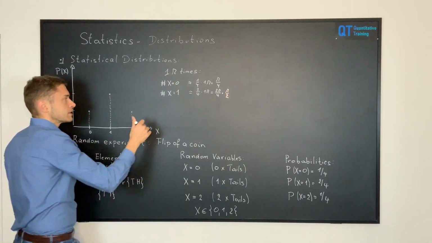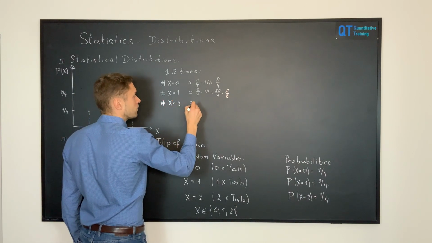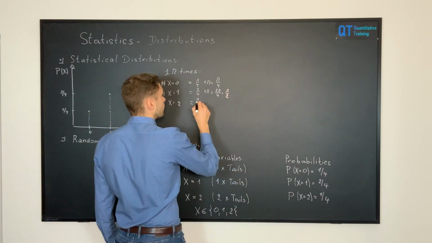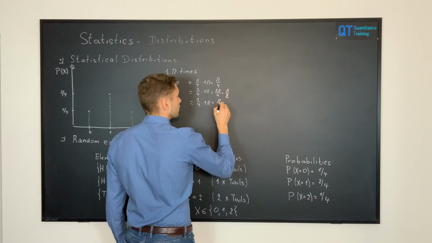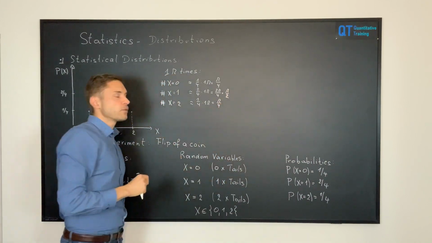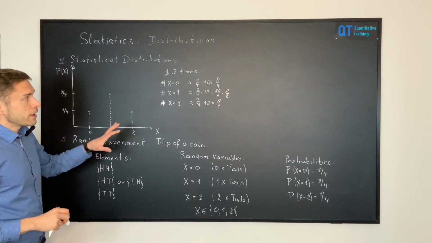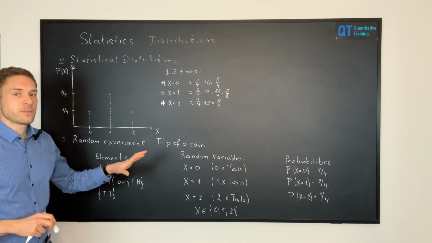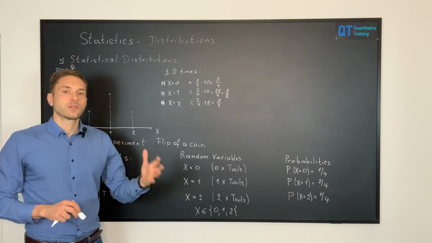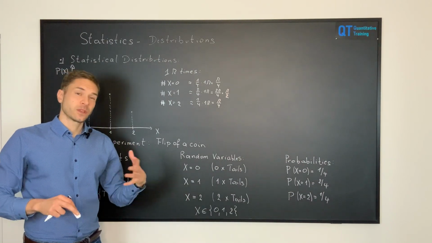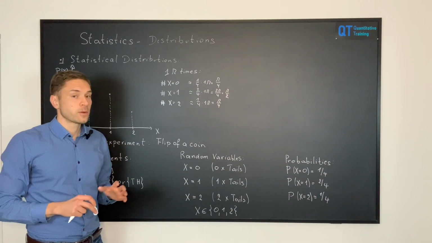And the last example is random variable x equals 2, and here again the probability is 1/4, so 1/4 times 1,000,000, which is 1,000,000 divided by 4, or 250,000 times. That's to make the relation between repeating a random experiment and writing down the number of occurrences, or the frequency, of a certain outcome, and a probability.